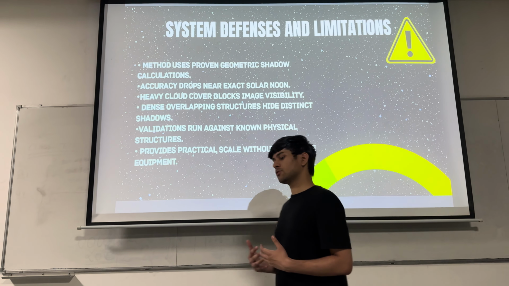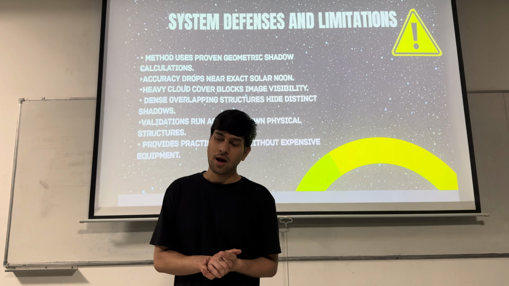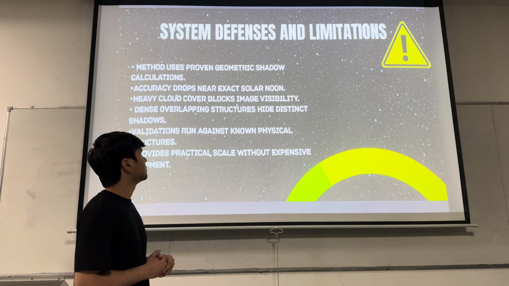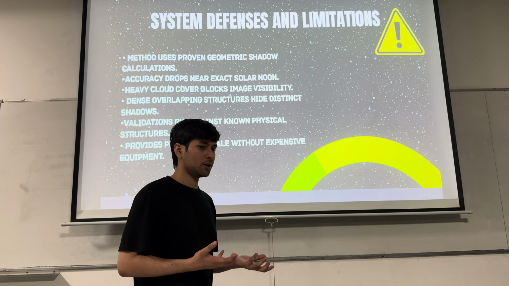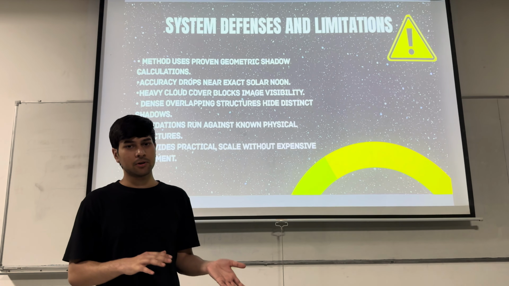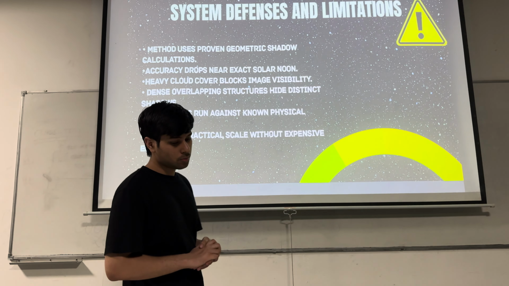Although our system is very robust and stable, it still has some limitations. Firstly, we rely on already existing proven geometric data, which is a big limitation. Second is the noon part.